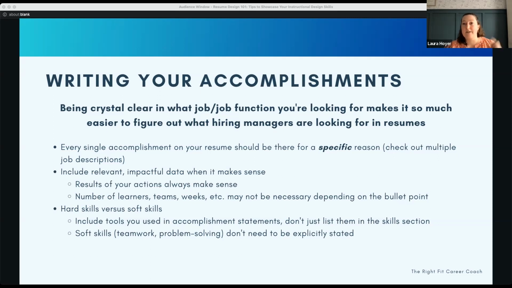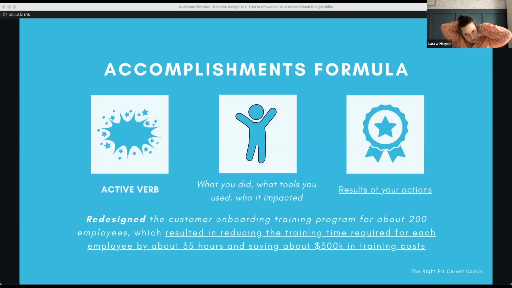Cool. So now we're going to get into the accomplishments formula, how to actually write your accomplishment. So I recommend starting with an active verb, and my English teacher friends out there know exactly what I mean by that. But you are talking about what you did in the accomplishment.